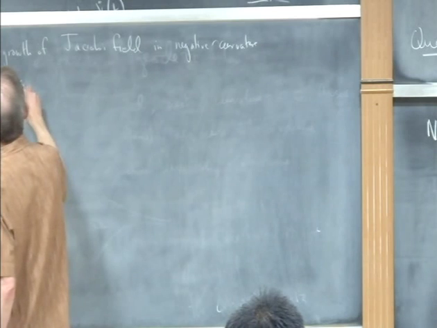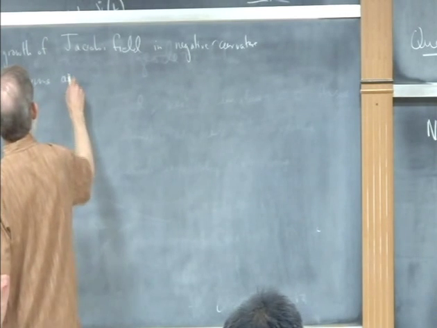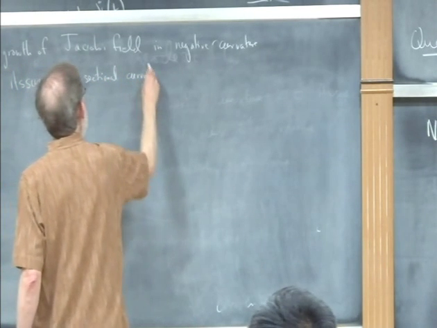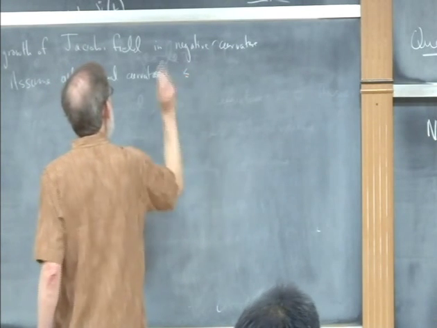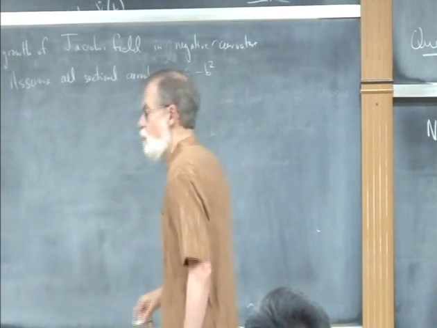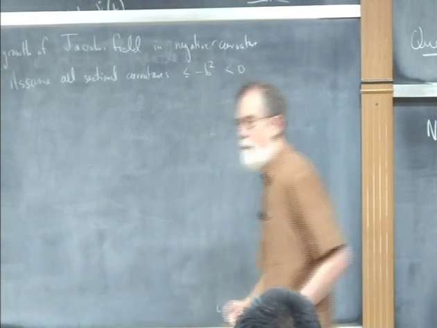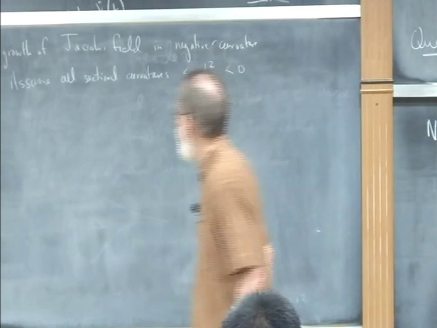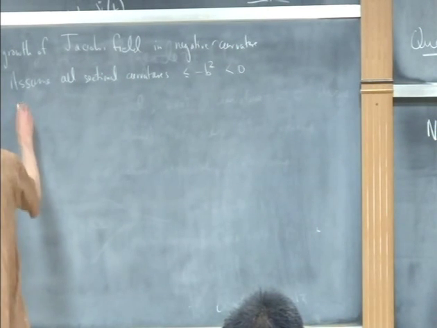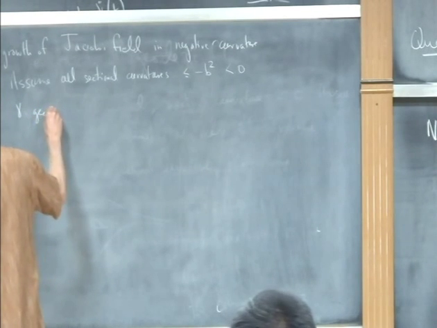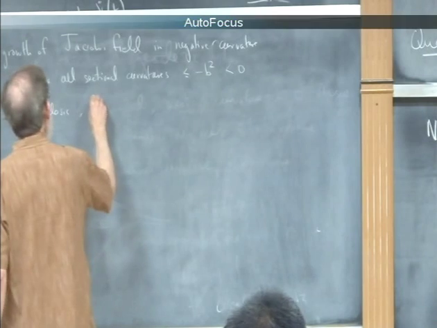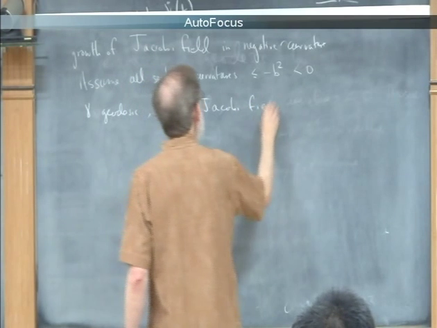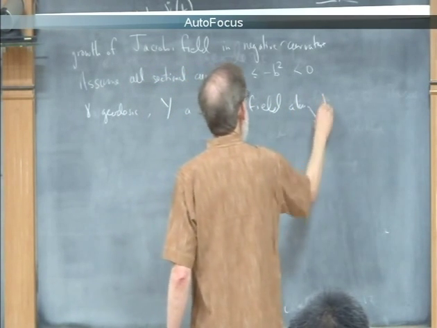Assume that the sectional curvatures are less than or equal to minus b squared, which is negative. And I want to think about gamma, a geodesic, and y will be a Jacobi field along that gamma.